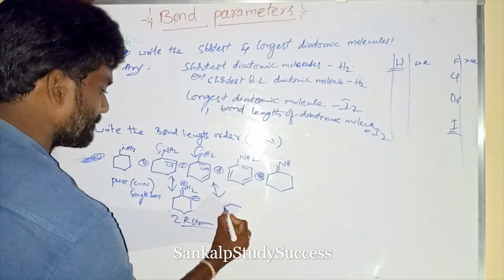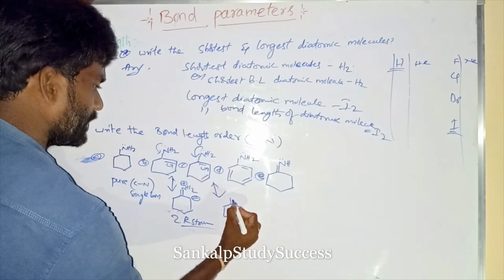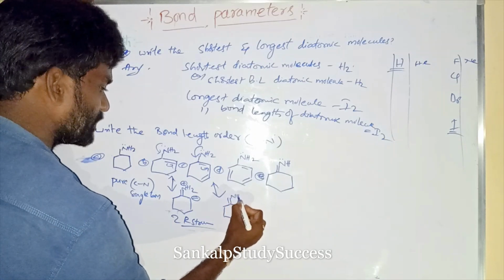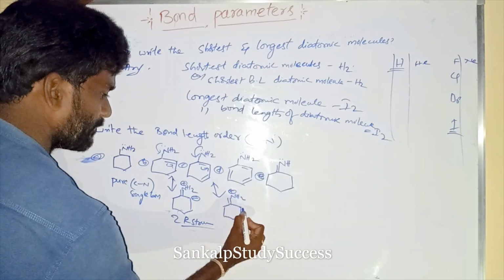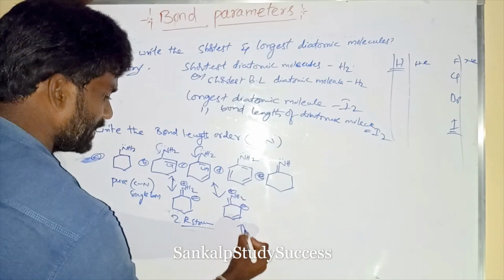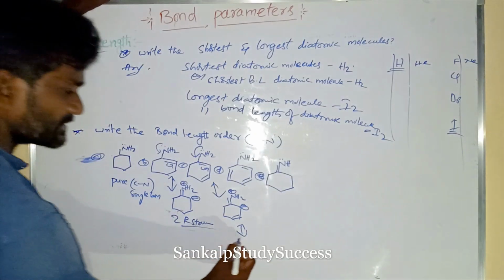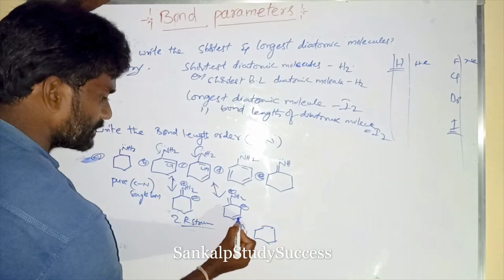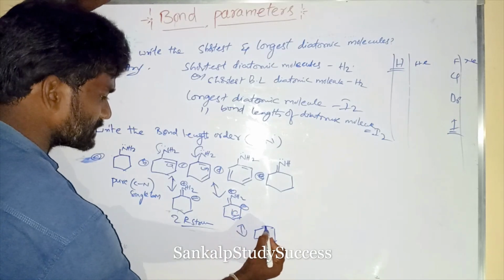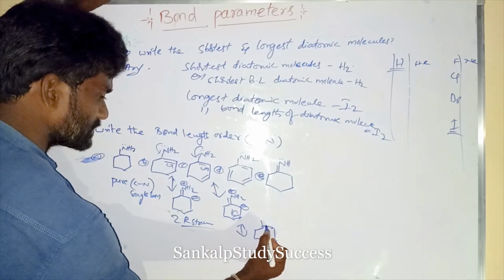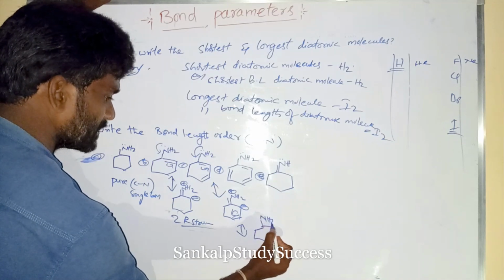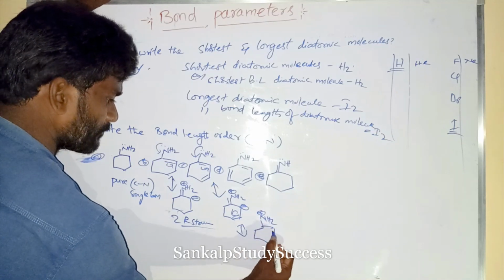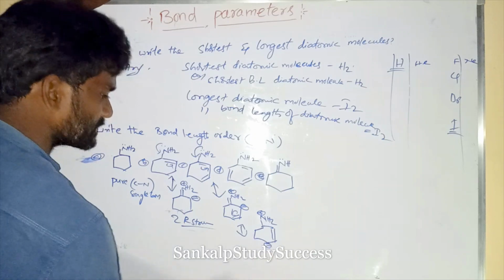With the double bond, NH2 plus and minus, it again undergoes resonance. The bond shifts towards this side, NH2 plus, pi bond minus.